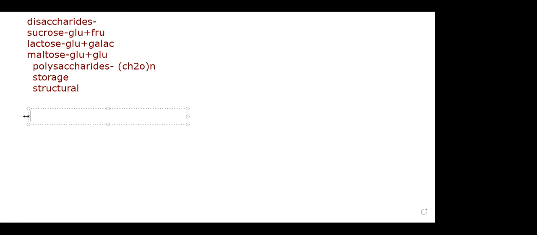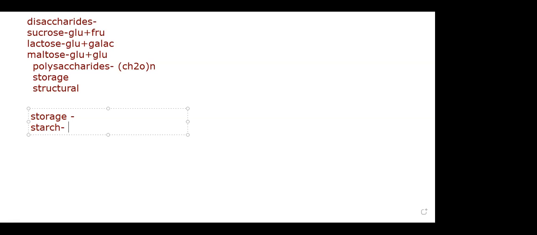Under food storage polysaccharides, we have starch. Starch has a helical secondary structure. It has the capacity to hold iodine molecules.